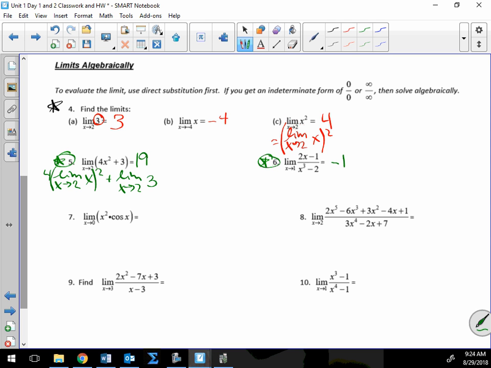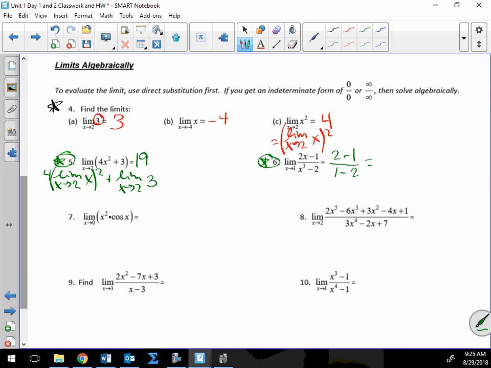But I highly recommend that when you're doing limits and you do direct substitution, start out by writing out what you've put in, so write out that setup. So over here I would have actually written, all right, so I've got 1 times 2. So on top I have 2 times 1 is 2, minus 1 over 1 cubed is 1, minus 2, and then simplify it from there.